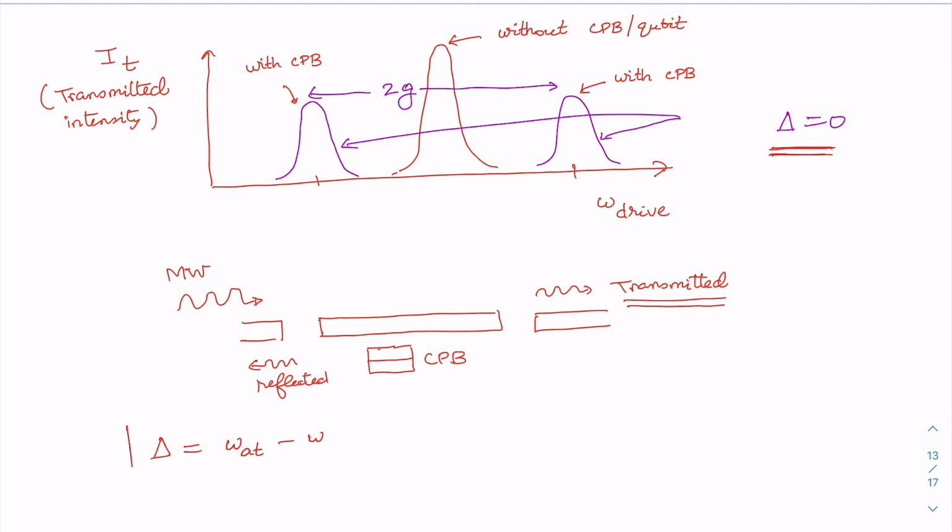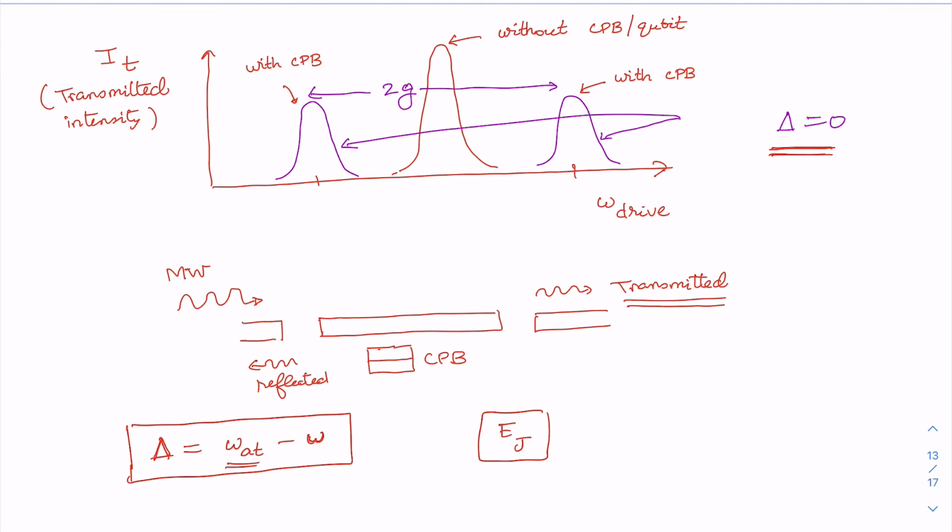Once we fabricate the system, the bare cavity frequency omega gets fixed, and the only option if we want to change the detuning parameter is to change the atomic transition frequency. Because we are using a Cooper pair box, or artificial atom, changing this frequency is easy. We just have to change the Josephson coupling energy, which can be done by changing the gate voltage or the gate charge.